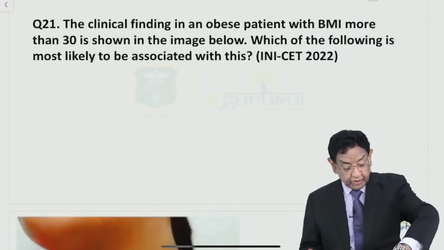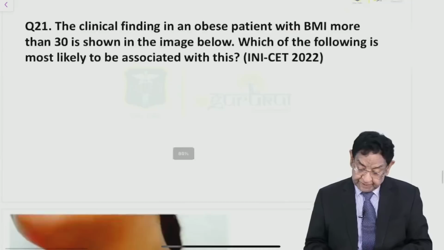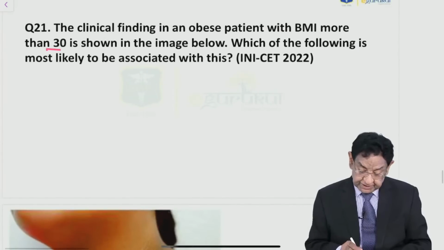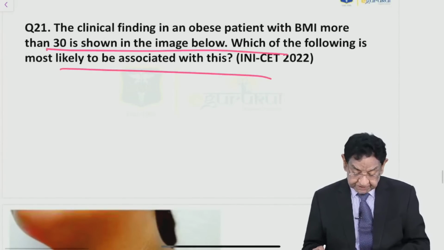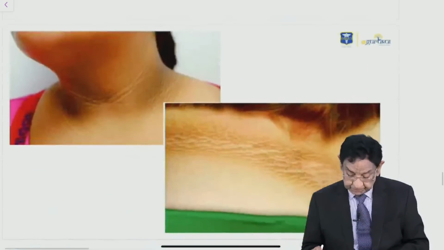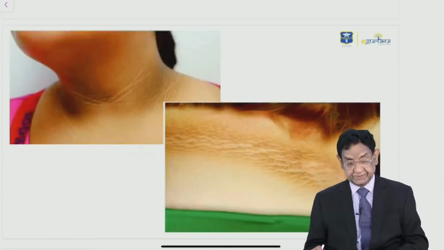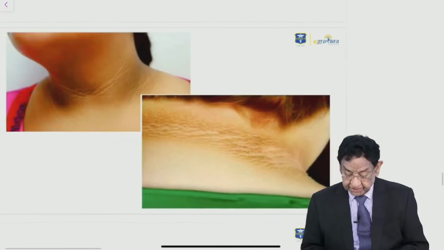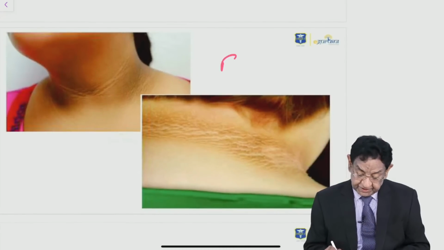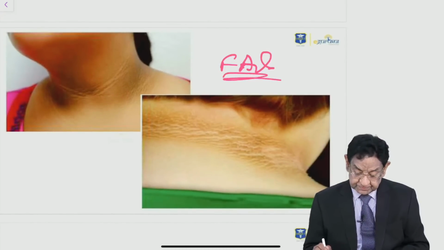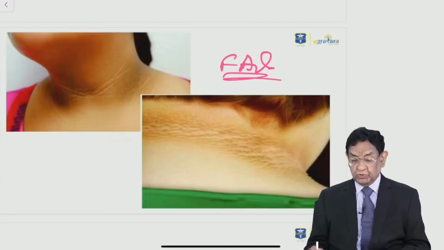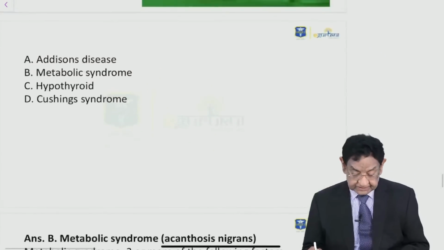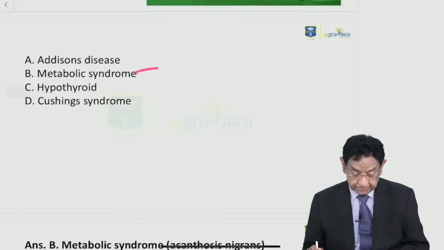Question 21. You are getting an obese person with BMI 30 and he has a picture like this. What is this? It's an image-based question. It's a simple image, but it's a very frequently asked question. This image will come to you also. The answer is metabolic syndrome.